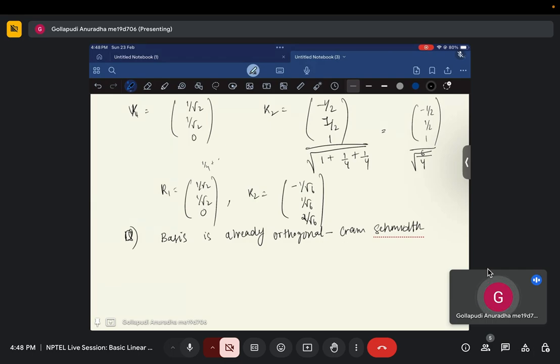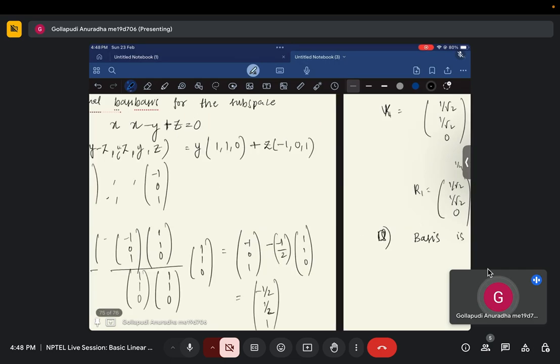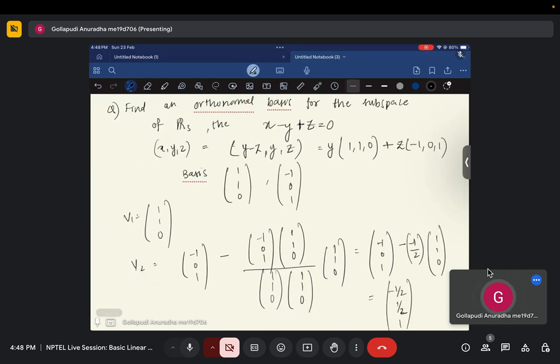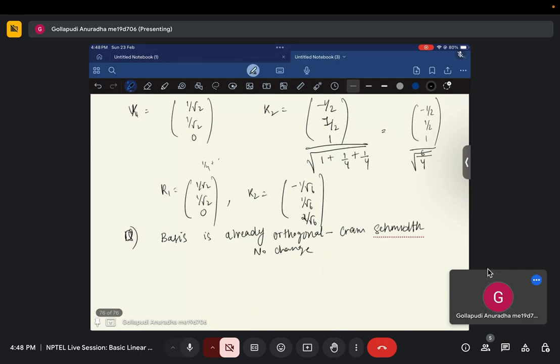Will you get the same thing, or some other thing? Same thing, there's no change. Because it's already orthogonal, you're not subtracting anything there.